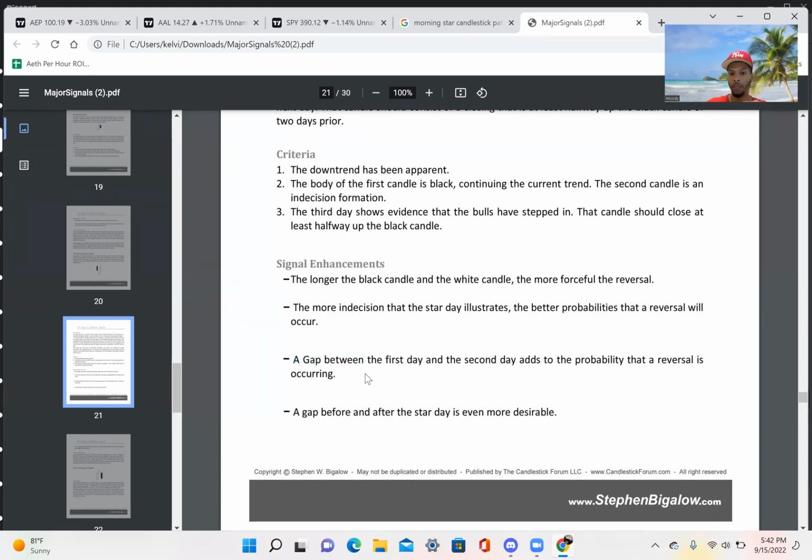A gap between the two pillars, right? So the star gapped up, or you could look at it as the two pillars both gapped down from the star, right? But that doesn't have to be the case. That does not signify a morning star, right?